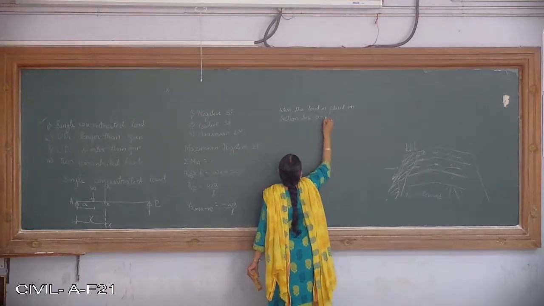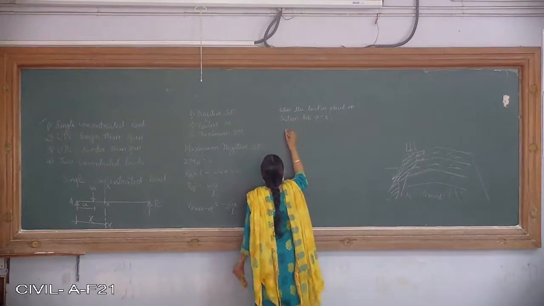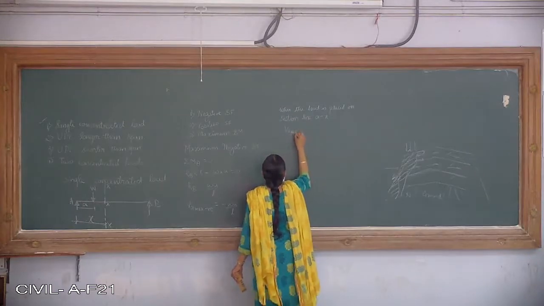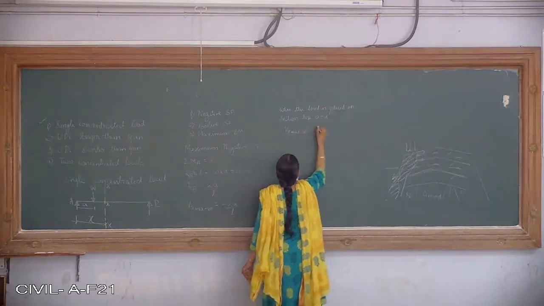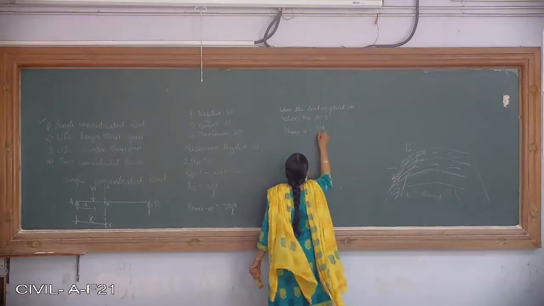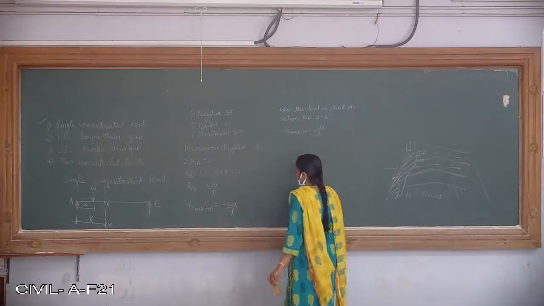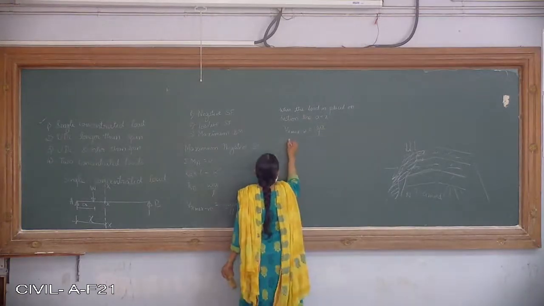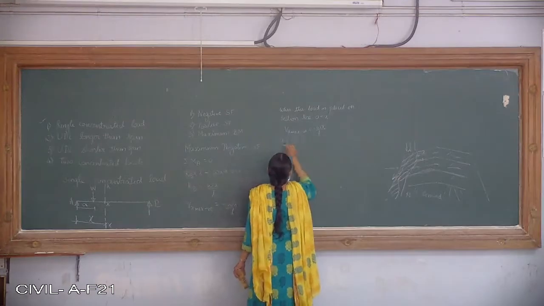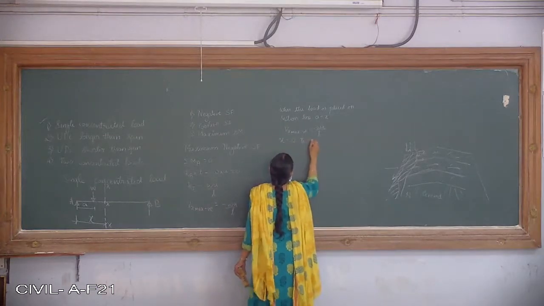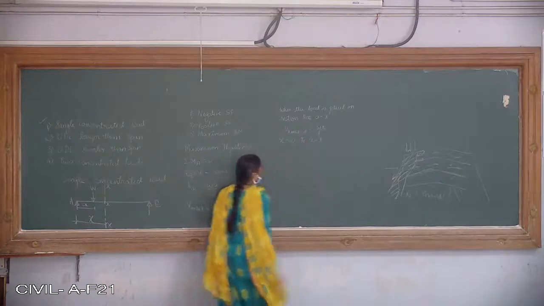A will be equal to X, so therefore my Vx max negative is going to be W into X by L. Okay, and my X is equal to 0 to X equal to L is the variation.